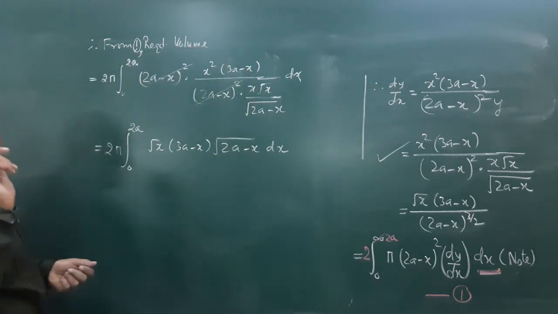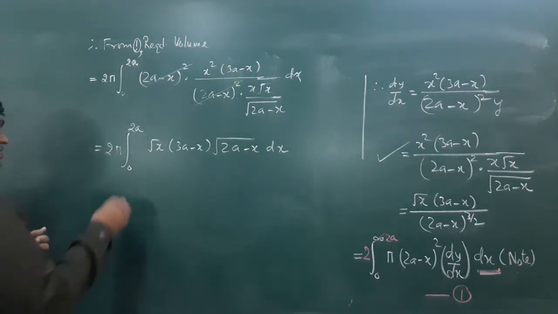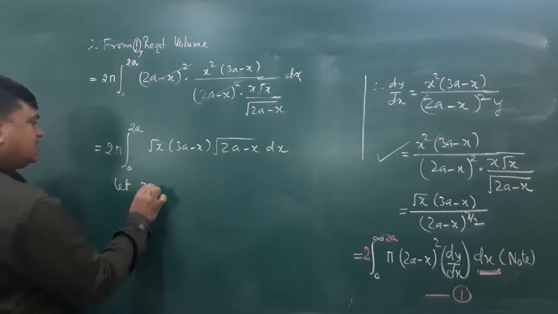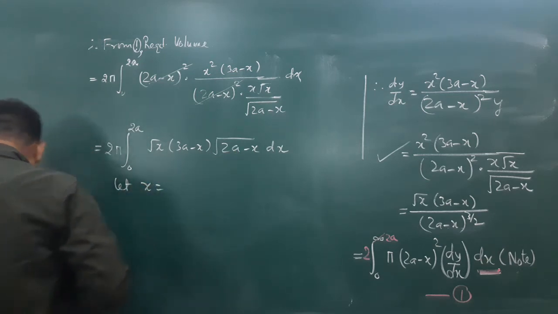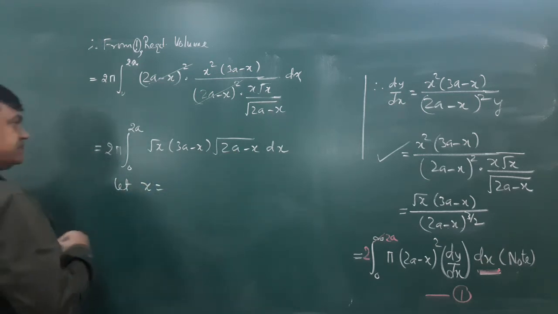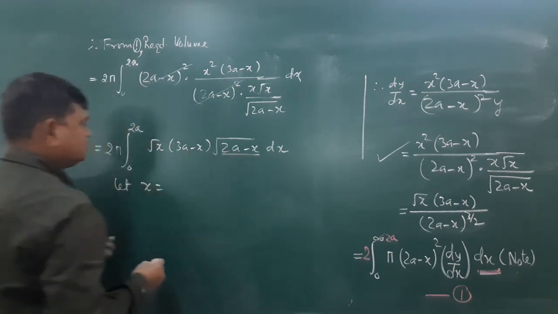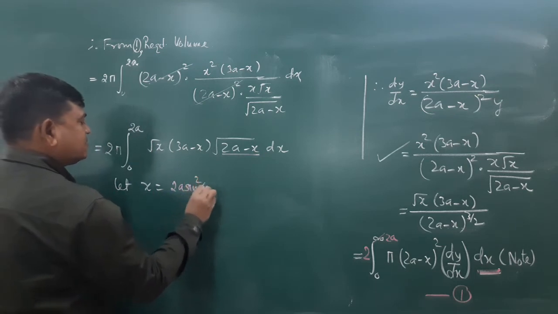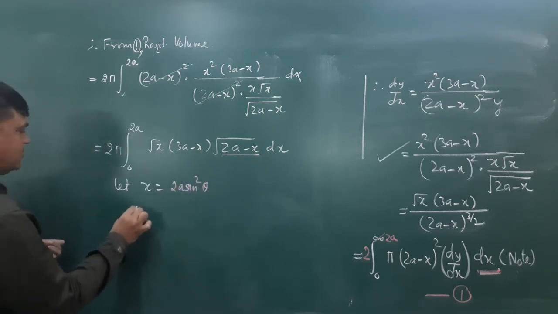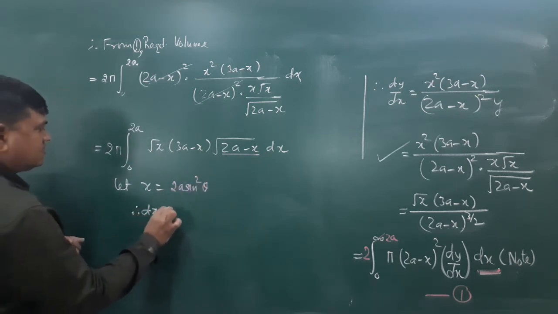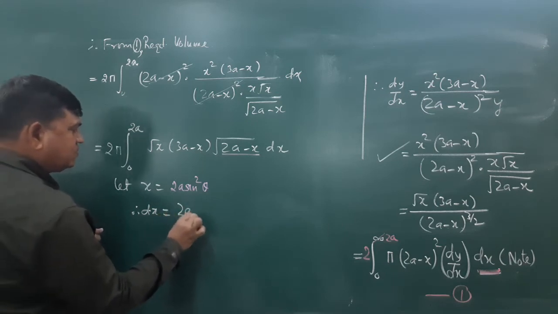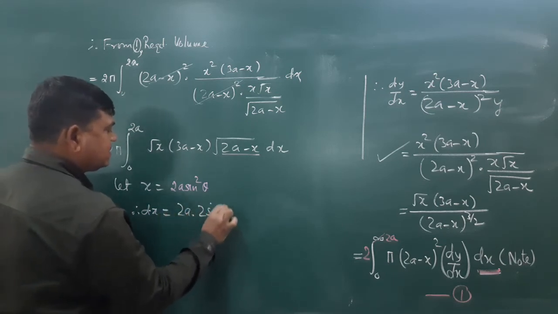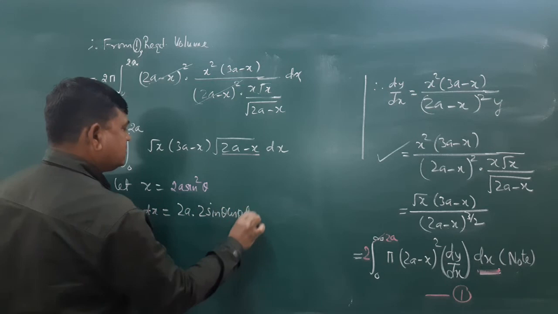Now we make the substitution. So let x equal 2a sin square theta. Therefore dx is 2a into 2 sin theta cos theta d theta.